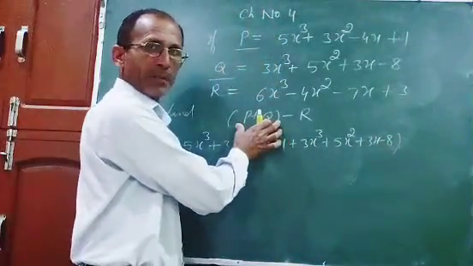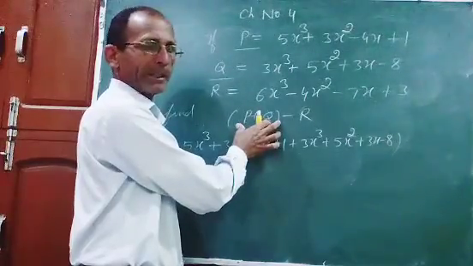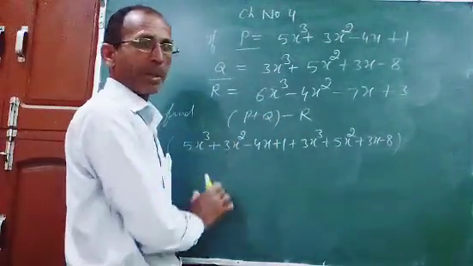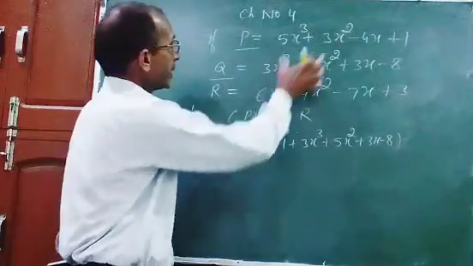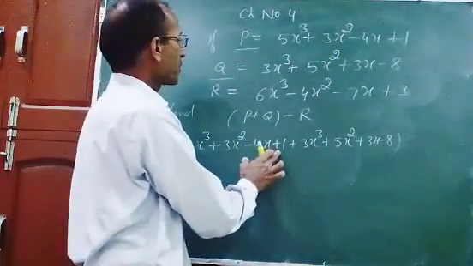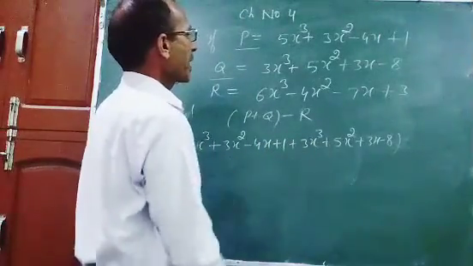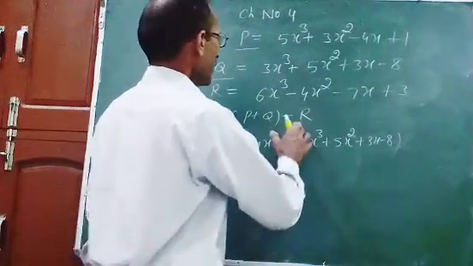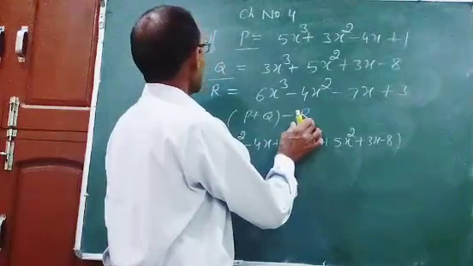According to the rule, first I will solve the bracket. In the bracket is p plus q, so substituting the values of p and q, it will be equal to minus r.